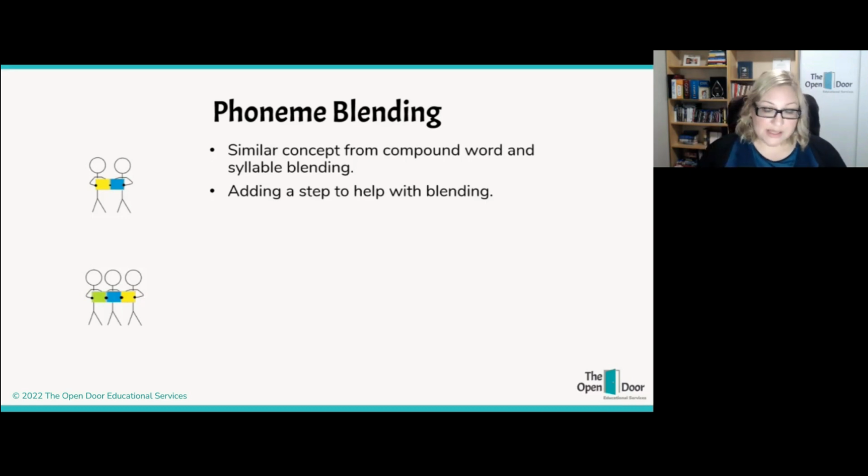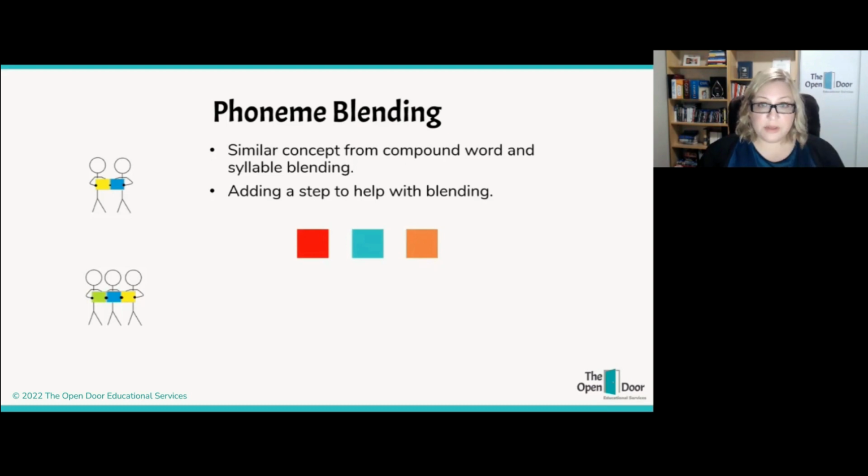As you're working on this, you can do it as simply as having cutout squares of paper, or with colored chalk on your blackboard, or if you have a smart board, you can have little colored squares. And you're going to say, okay, this one says k, and this square says ah, and this square says t.